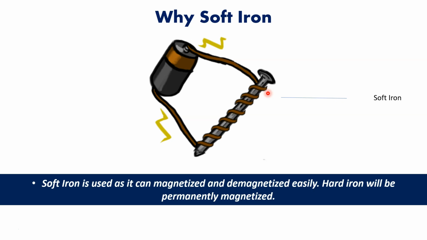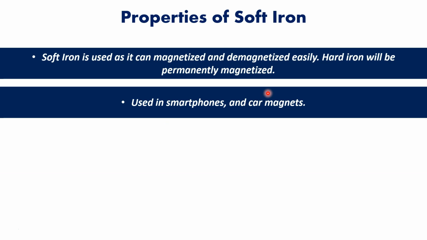The primary objective of an electromagnet is to ensure that it's a temporary magnet, and it could switch between magnet and demagnet quickly. In the case of hard iron, this won't happen, so soft iron is usually used. Soft iron is used in smartphones, car magnets, and several devices that we see around us.